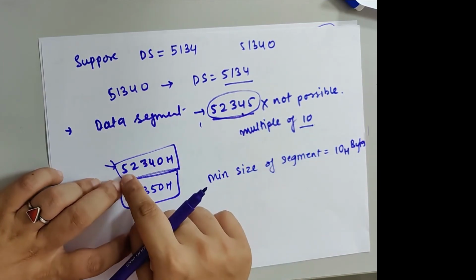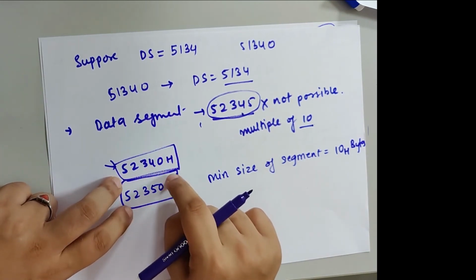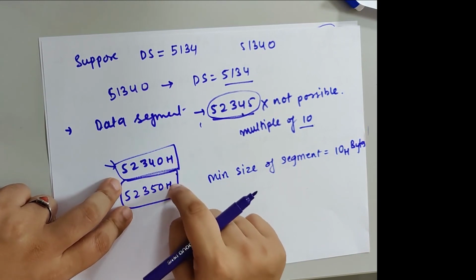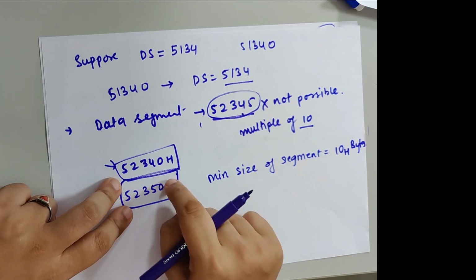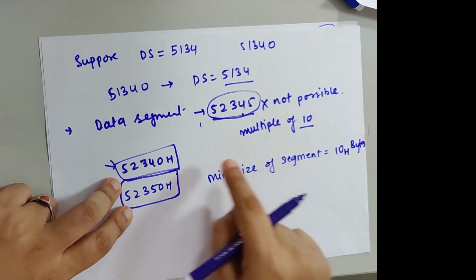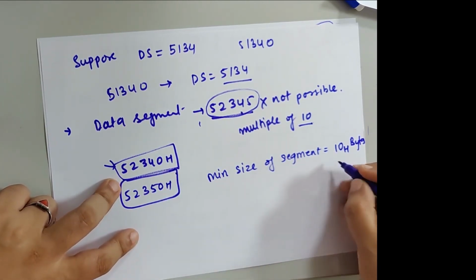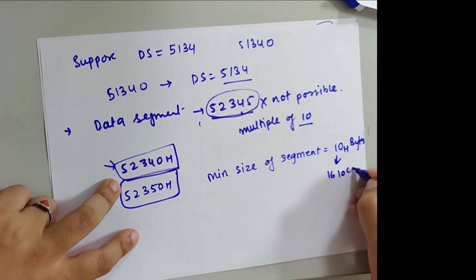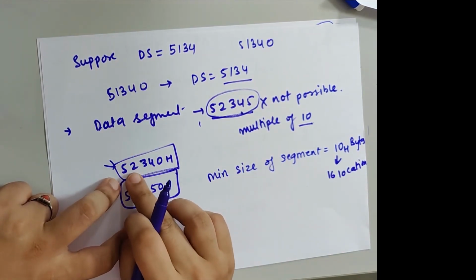So if one segment is starting at this location, the next segment cannot begin before this address. So 10H bytes are there between these two addresses. So the minimum size of a segment is 10H bytes. What is the meaning of 10H bytes? 16 locations, right? 10H bytes means 16 locations. So there are a minimum of 16 locations in one segment.